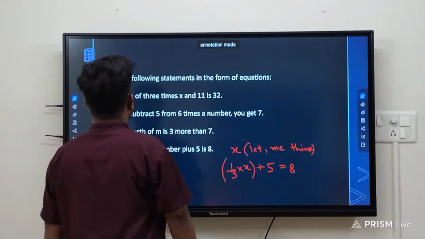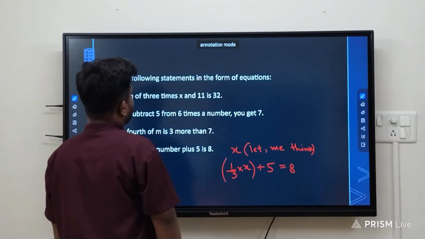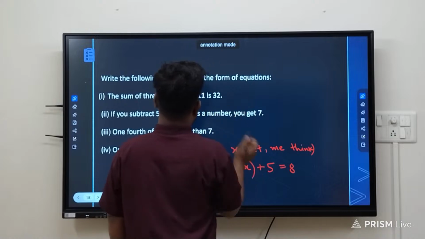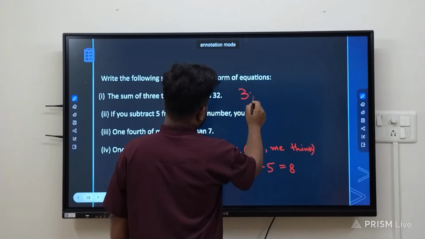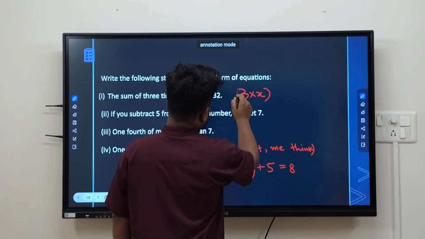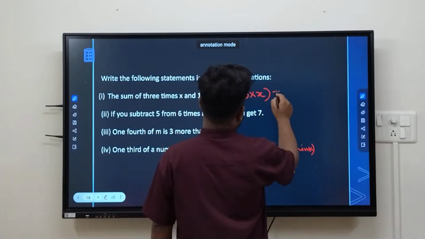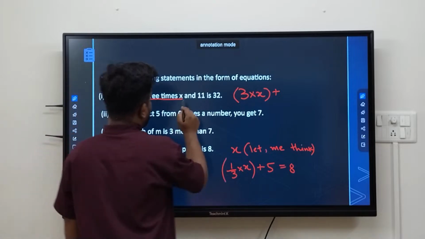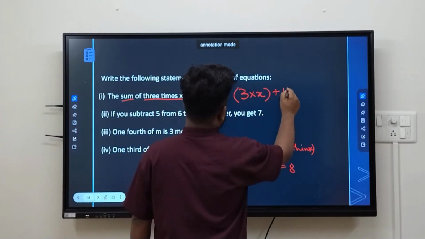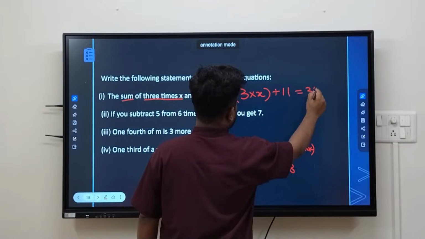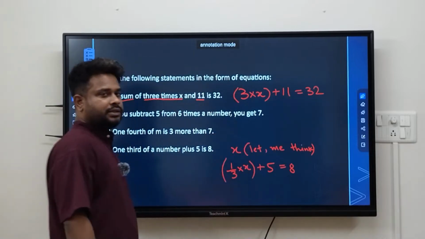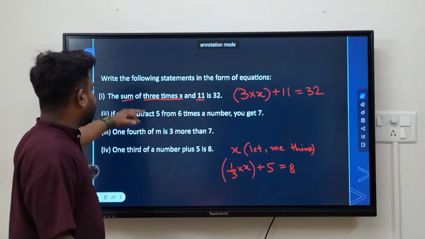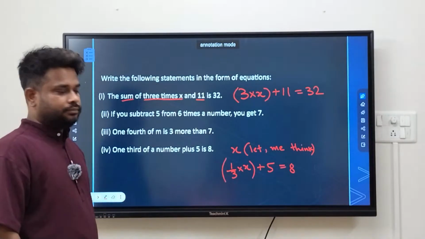For the first one: the sum of 3 times x and 11 is 32. 3 times x means 3 into x, and the sum with 11 is 32. This will look like this, and you can try these two, 2 and 3.